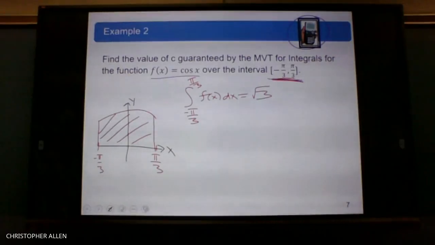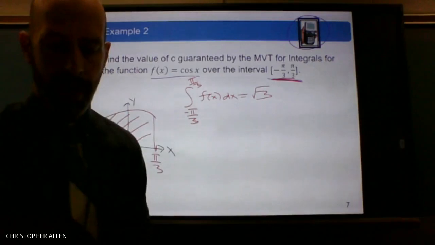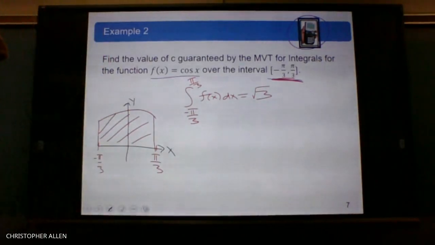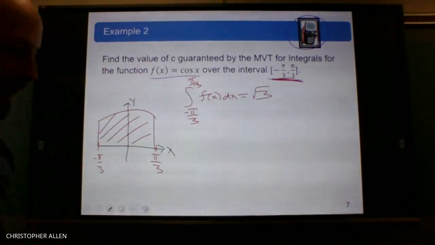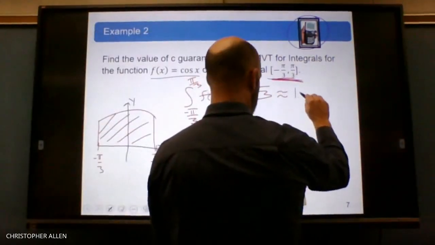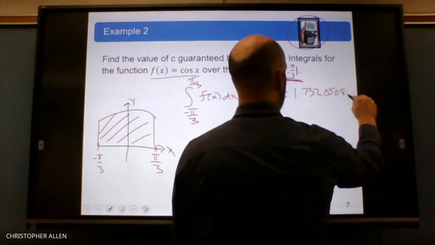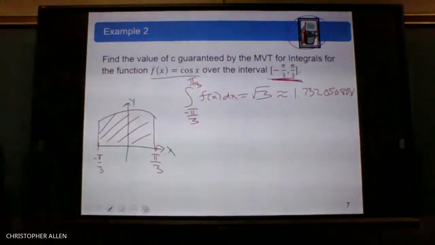We could have actually done this by hand because the antiderivative of cosine is sine, and you could have evaluated it that way. That's the exact value. If you want the decimal approximation, since I encouraged you to use a calculator, you may have done that. And if you want that, there you go.